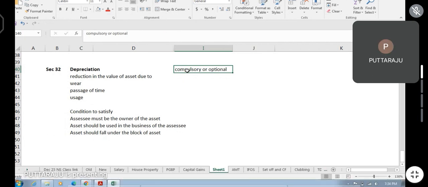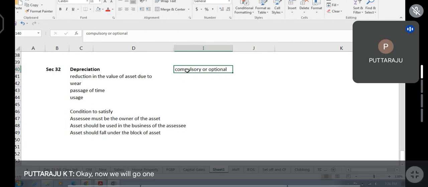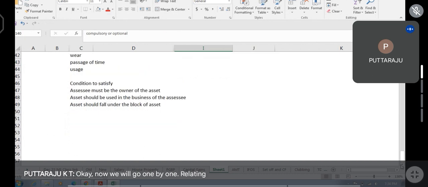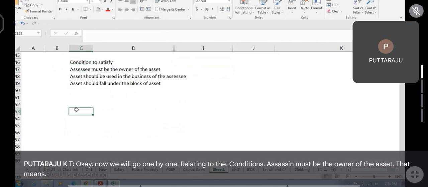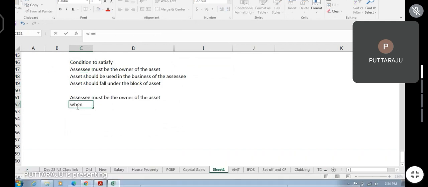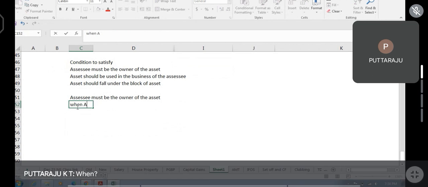Yes. Now we will go one by one relating to the conditions. The assessee must be the owner of the asset. That means, assume that you are the assessee.